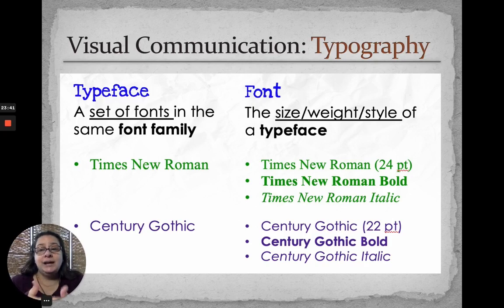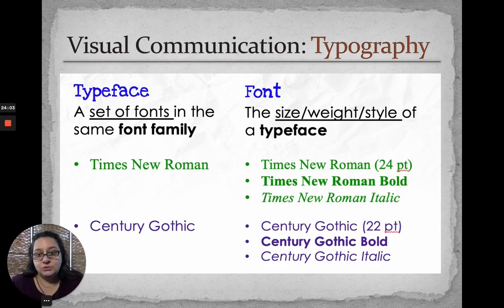So, typeface. A typeface is a set of fonts in the same font family. We tend to use the word font in a lot of different ways outside of its actual definition. This doesn't really matter except in the world of typography. If you're dealing with other designers, they're going to be more specific about these things, so I just want you to be aware.